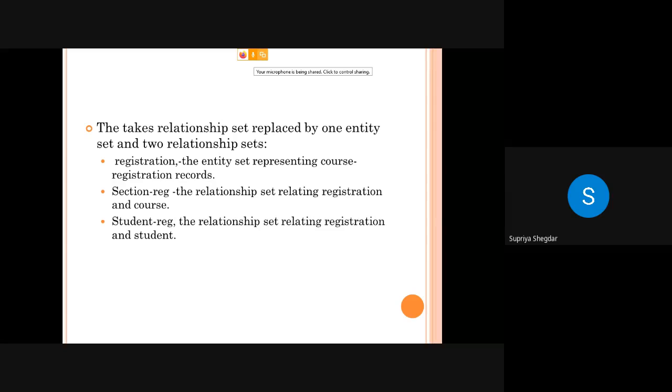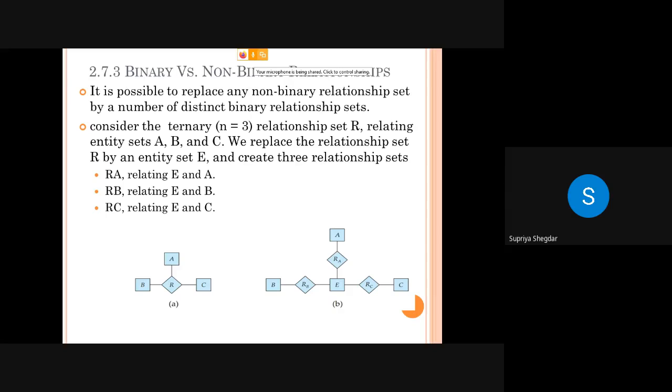So we can use either an entity set or a relationship set, or we can replace a relationship set by an entity set. With the help of this, we can represent our information very clearly. So we can use either of them.